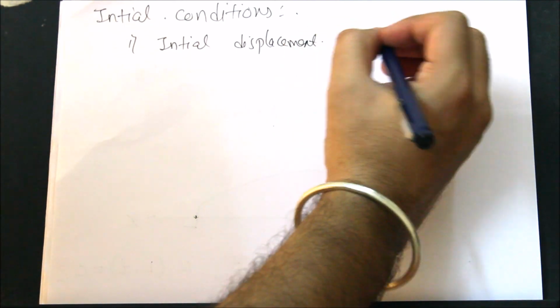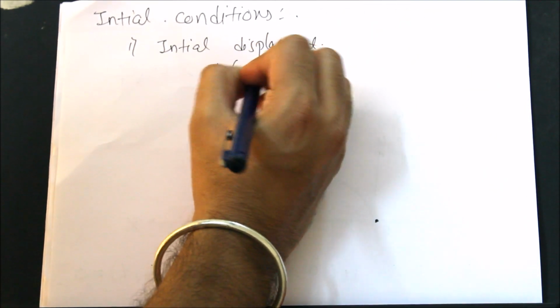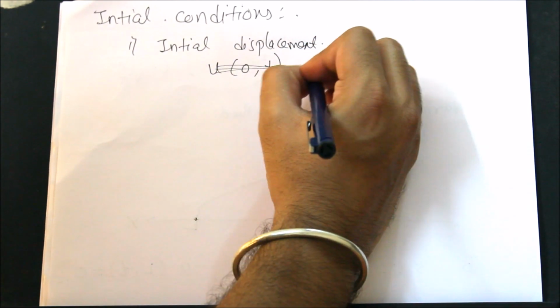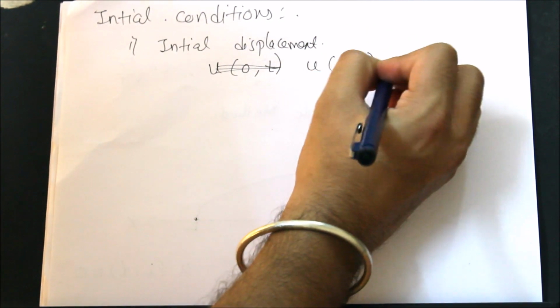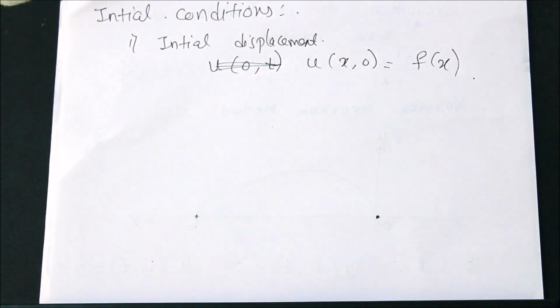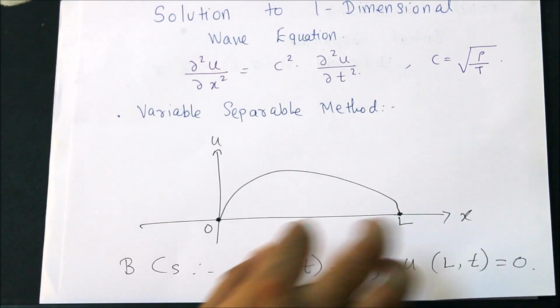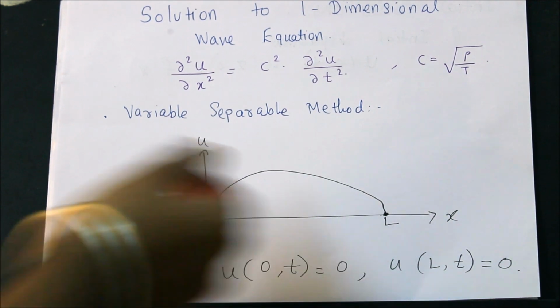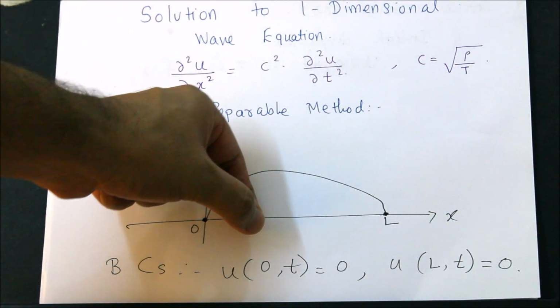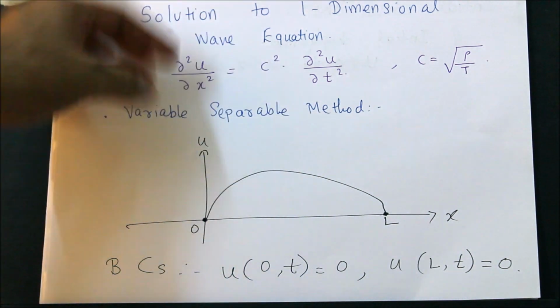Initially, when time is 0, u of x comma 0 is something, say f of x. That means there is a string from 0 to L, and I am just pulling up this string and leaving it. So it is represented by some function, say f of x.